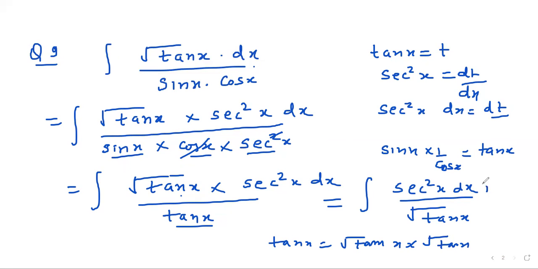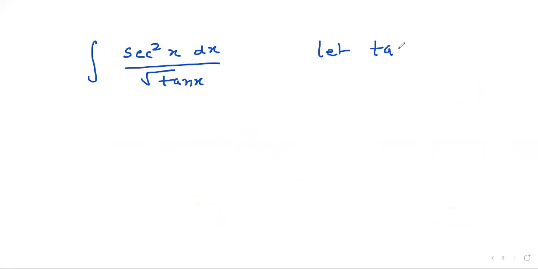So our question becomes sec square x dx divided by root tan x. Now let's proceed. So integration sec square x dx divided by root tan x. Let tan x equal to t. So we differentiated sec square x dx equal to dt. So our purpose is served.